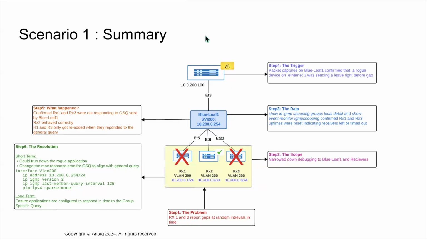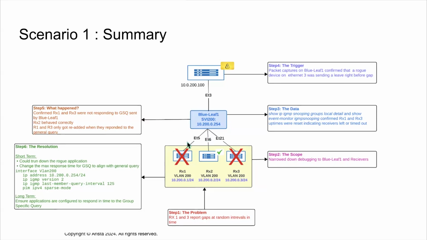We also saw evidence that there was probably a rogue receiver that was joining and leaving at the exact time frame that the gaps were being seen, causing us to suspect that that could have been a potential trigger to the problem. Now, when we configured the TCP dump, it helped us confirm this because every time we saw our rogue receiver join and leave was the key here.